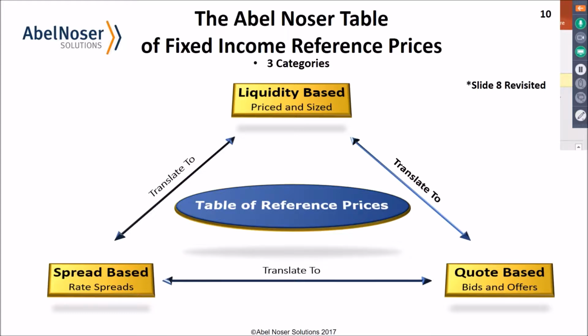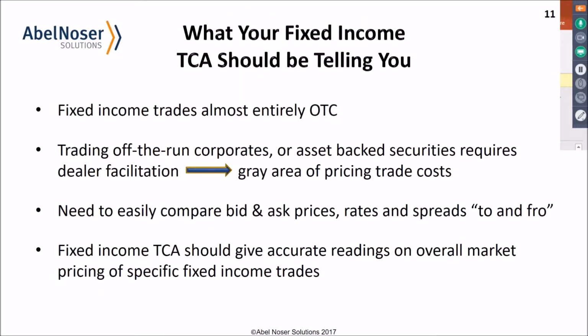Very interesting. So Peter, what should our fixed income TCA be telling us, and how do you get the most out of performing TCA? Look, as we all know, fixed income trades almost entirely over the counter in terms of instruments traded. Governments and new corporate issues can trade through ATSs and ECNs, but to trade off-the-run corporates or asset-backed securities requires dealer facilitation. So there is this gray area surrounding what one firm is paying for trades compared to its peers.